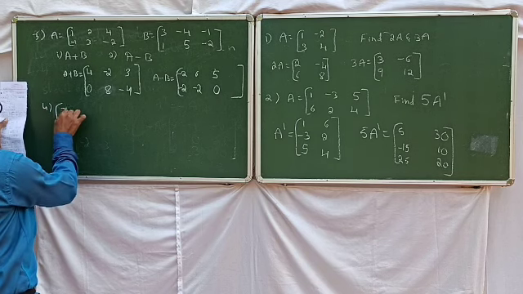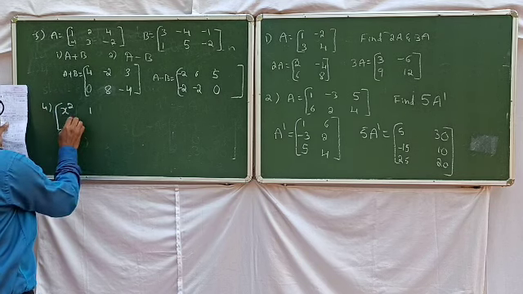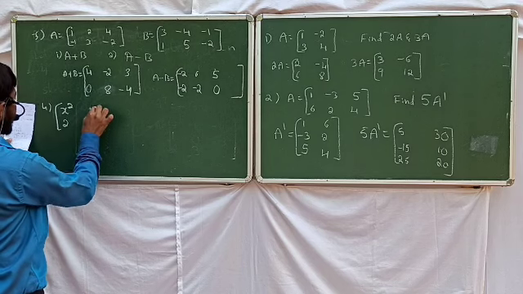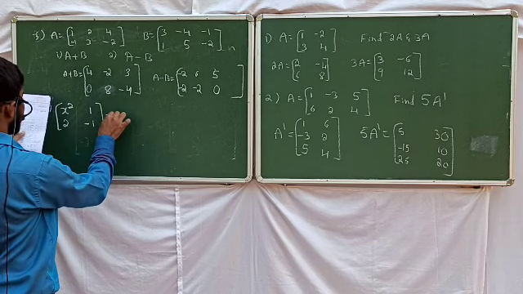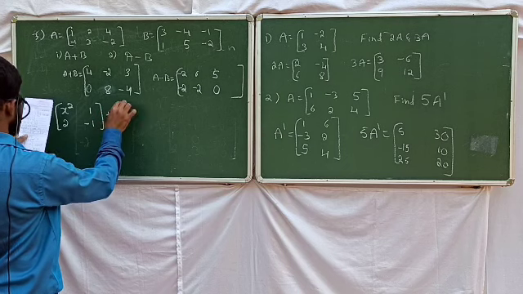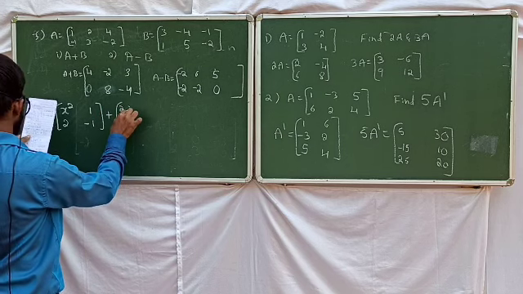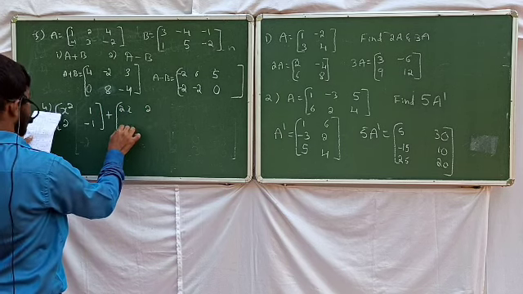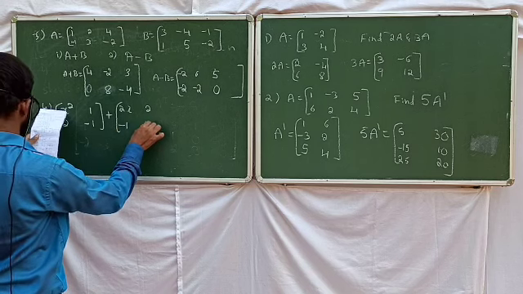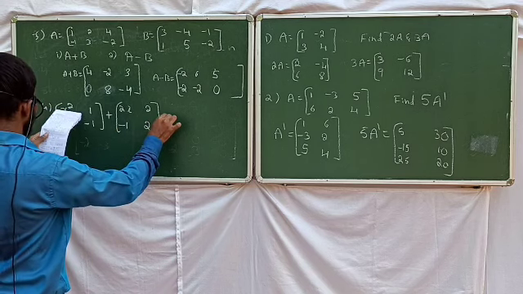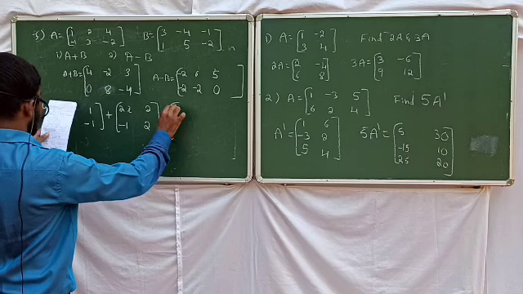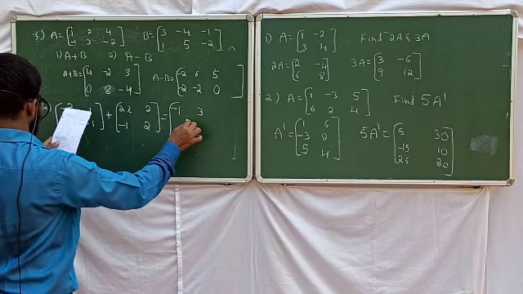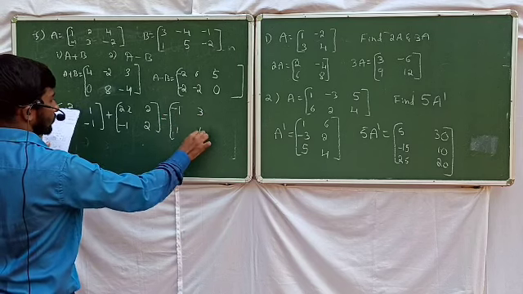[x² 1; 2 -1] plus 2x [2 -1; 2 ...] is equal to [-1 3; 1 1].